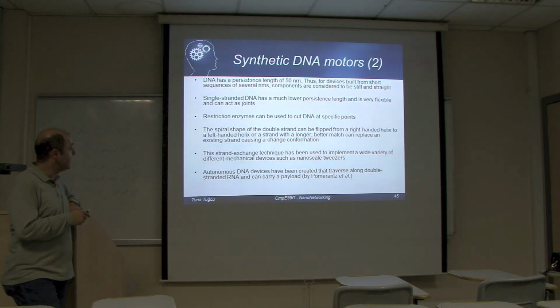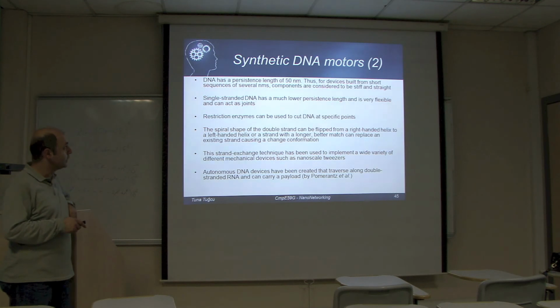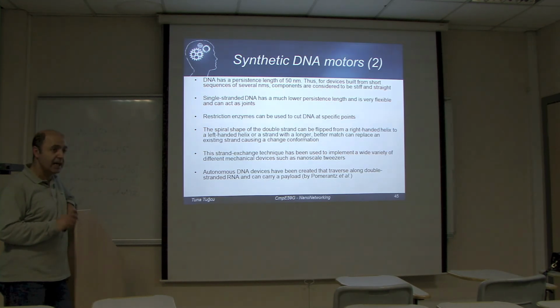DNA has a persistence length of 50 nanometers. So for devices built from shorter sequences of several nanometers, the components are considered to be stiff and straight. A single-stranded DNA has a much lower persistence length and is very flexible and can act as joints.